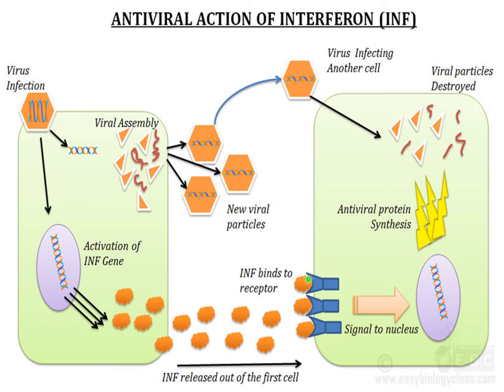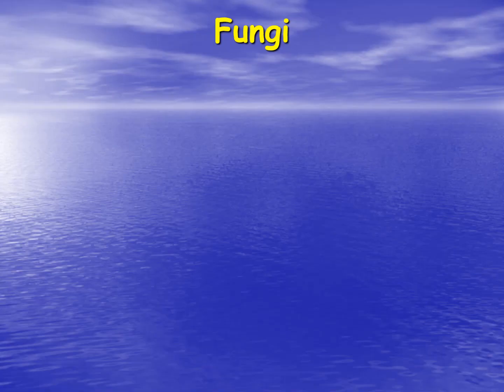The other thing is that the receptor the interferon binds to may actually be the receptor that the virus needs to get into the cell, and therefore interferon blocks the binding of the virus, so we do not get attachment.